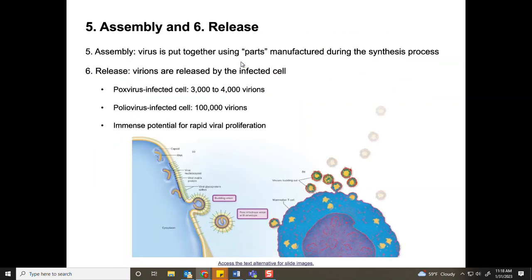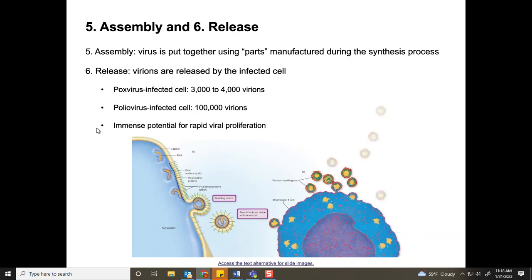So numbers 5 and 6 are assembly and release. Now that they've made multiple more viral particles, they are going to assemble them. They get put together using all the parts they manufactured in the previous process of synthesis. And now their goal is to release these new virus particles called virions into the environment near the cell.